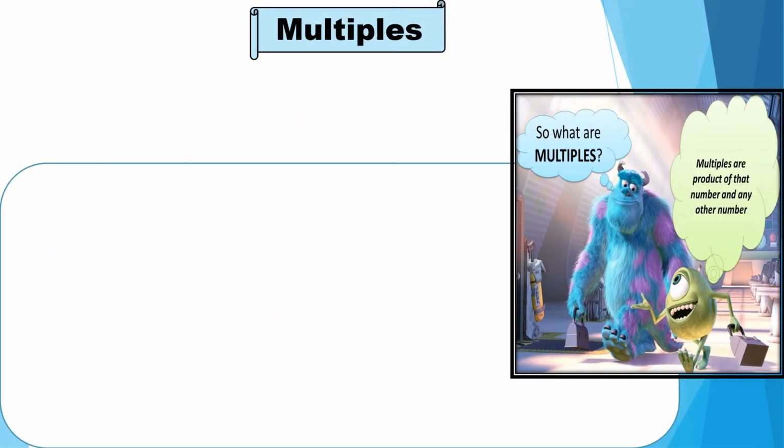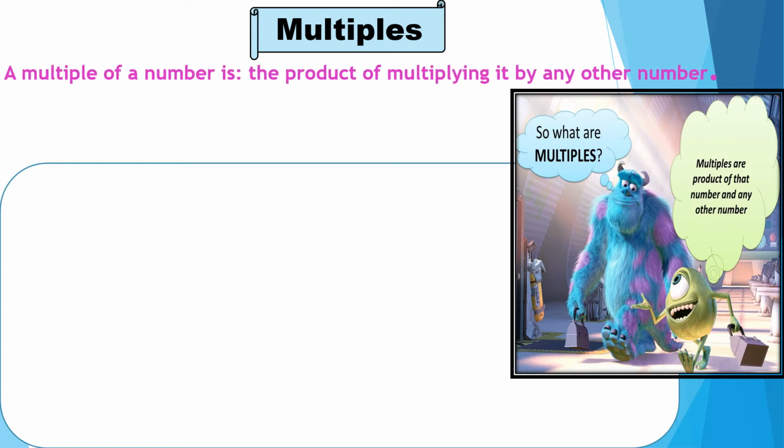Let's move to multiples. What are multiples? Let's ask our monsters here. Multiples are the product of a number and any other number. A multiple of a number is the product of multiplying this number by another number.